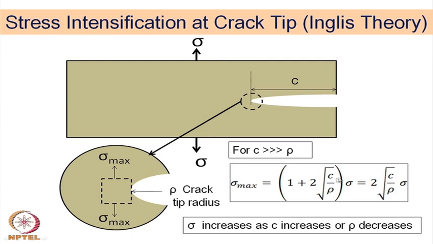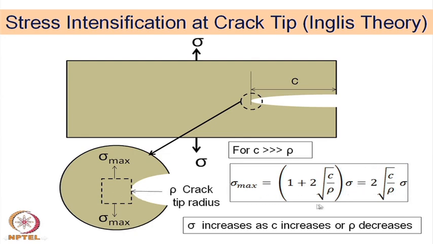So, it can be 2 into, particularly for this condition where c is very large compared to rho. Okay. So, this becomes equal to this. So, 2 into root c by rho times sigma, and that is actually the multiplying factor.